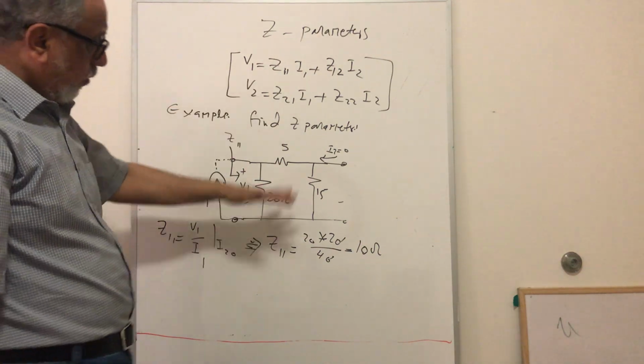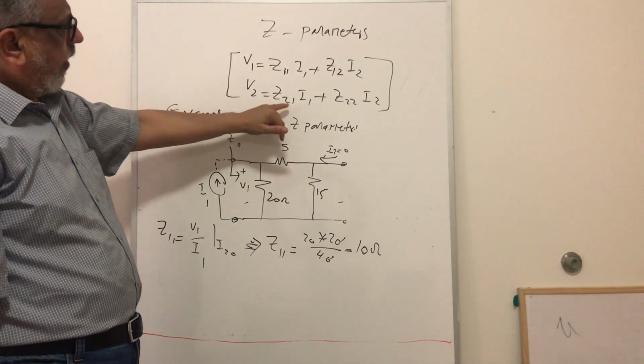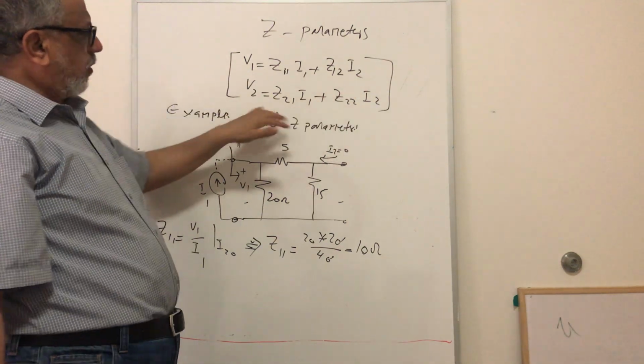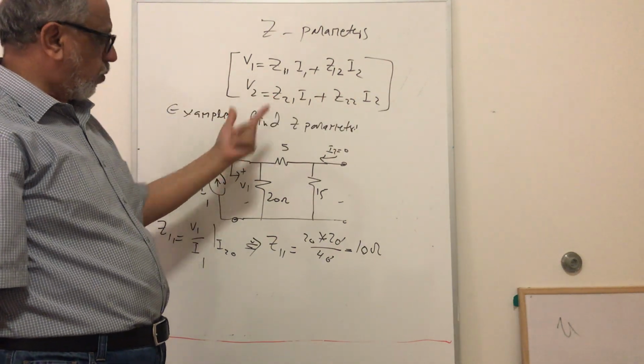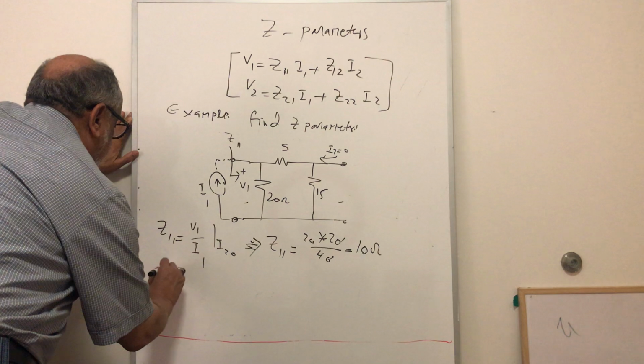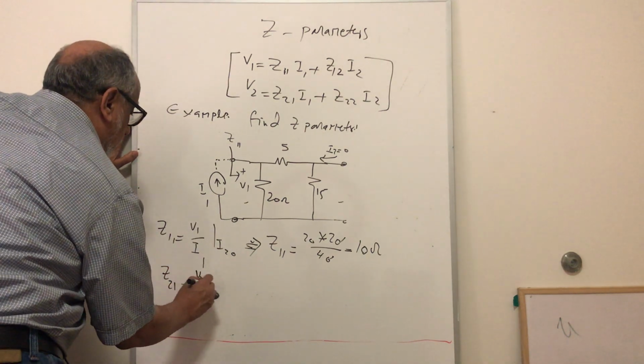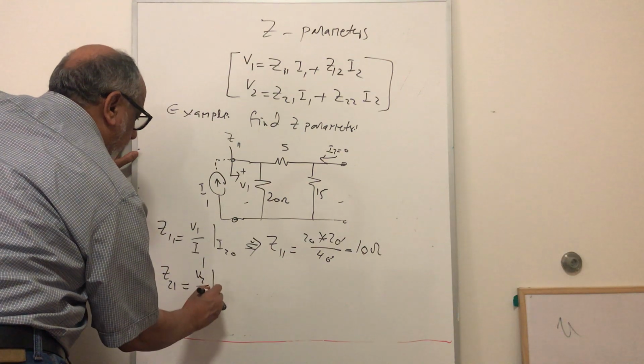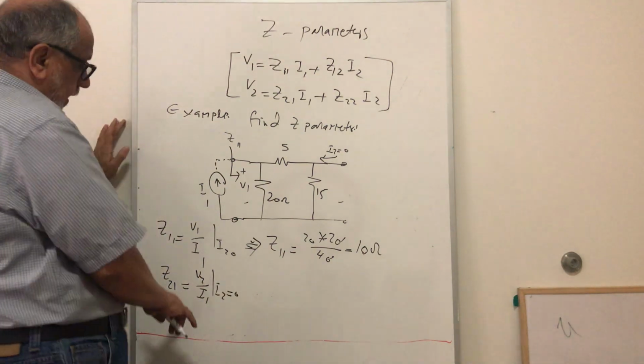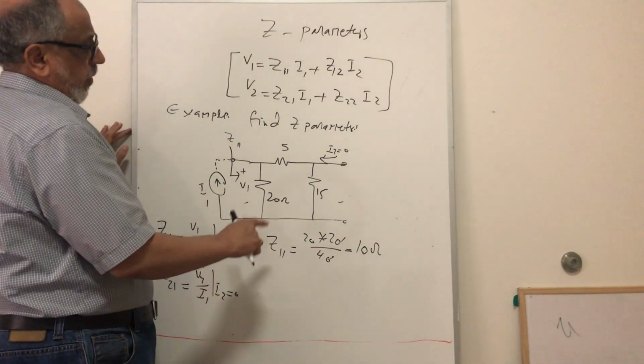Now, same thing, I will use the same circuit because I2 equal to 0, so I have to find now Z21. So Z21 is equal to V2 over I1 when I2 equal to 0. So I have to find the relation between V2 and I1.